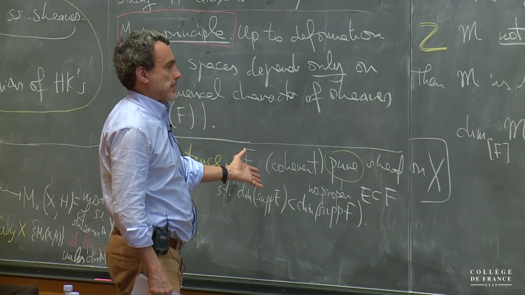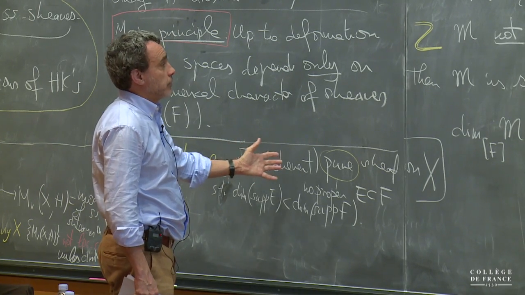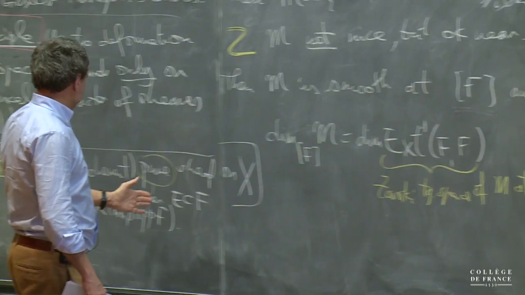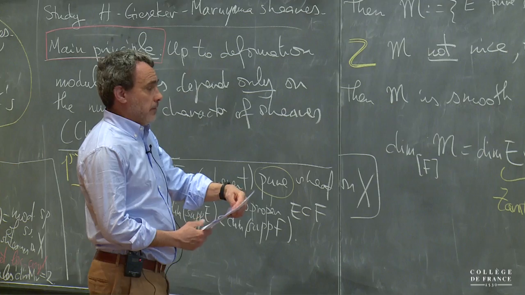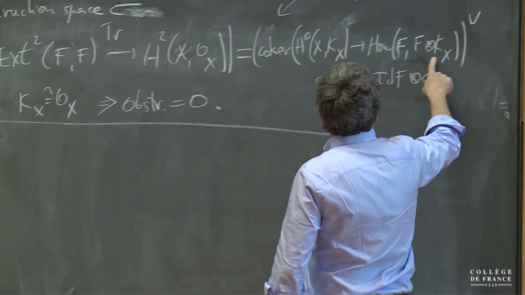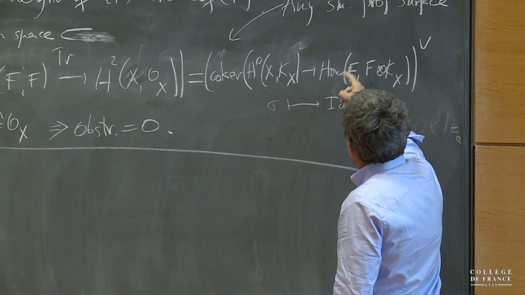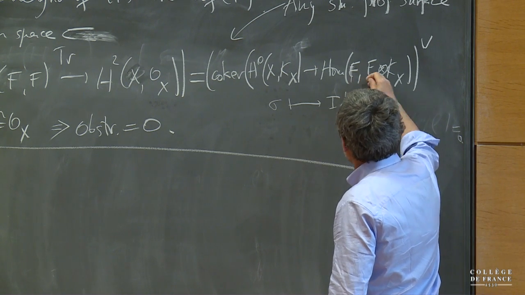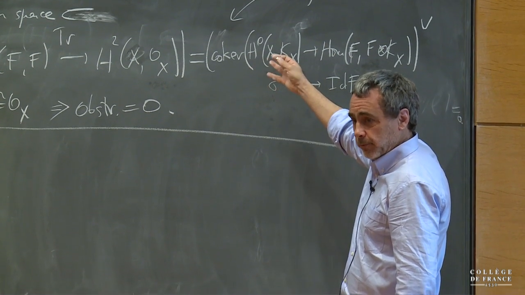The local structure up to deformation, in the analytic topology, for a stable sheaf only depends on something which comes from the Chern character of F. Notice that if we have a surface with many sections, where the canonical is, say, ample, there can very well be homomorphisms from F to F tensor K which are not multiplication by a section of K. And then there will be singular points of the corresponding moduli space.